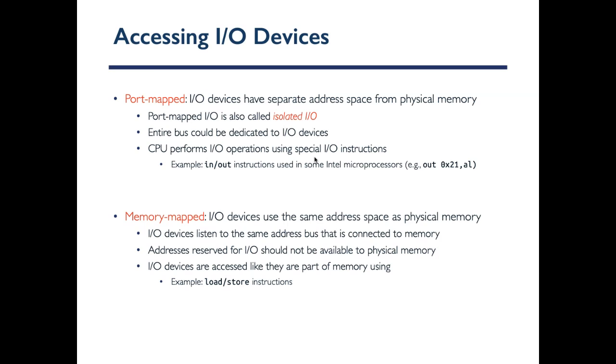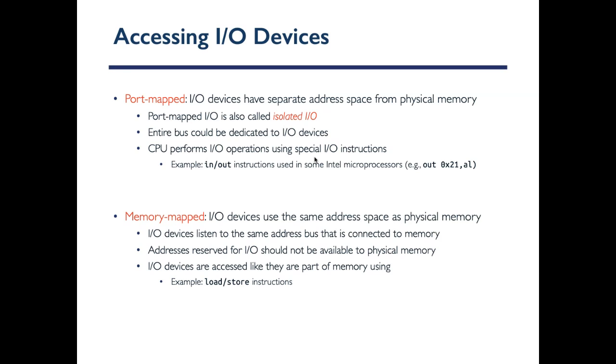One way to do this is to have a separate, isolated address bus that connects the I/O devices to the processor. If the processor wants to talk to the devices, it can just assign addresses to those devices. Everybody knows their addresses. Here in this context they would be ports.